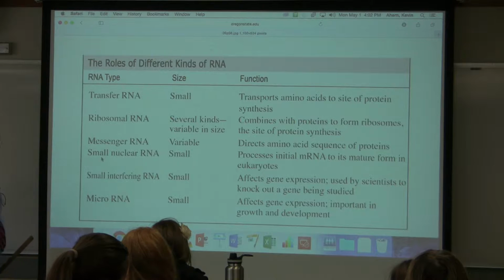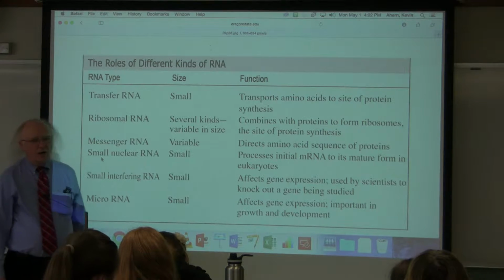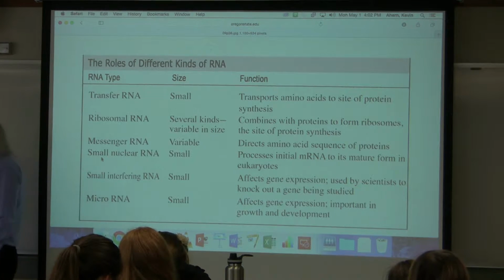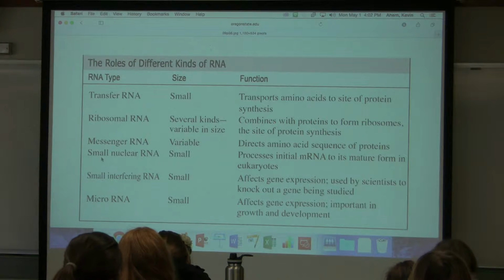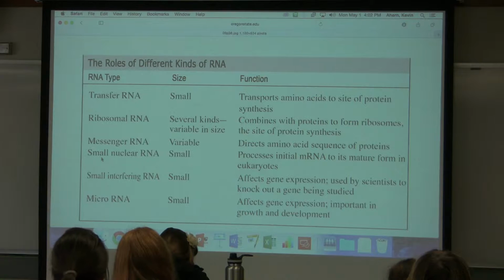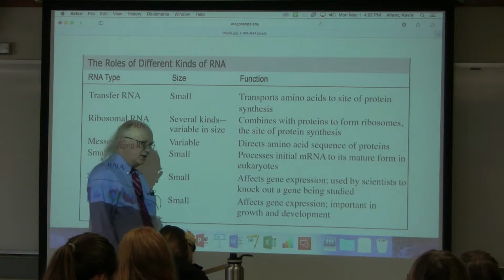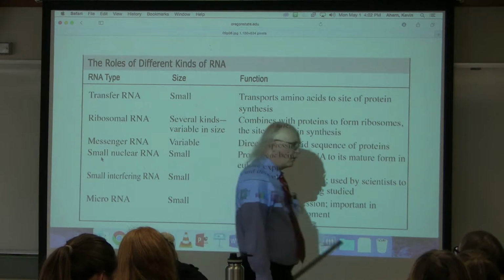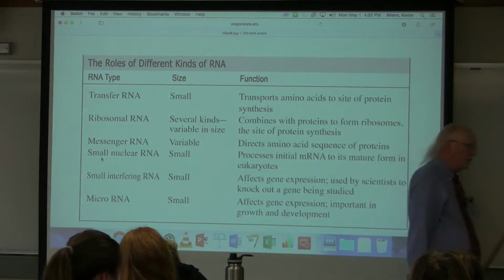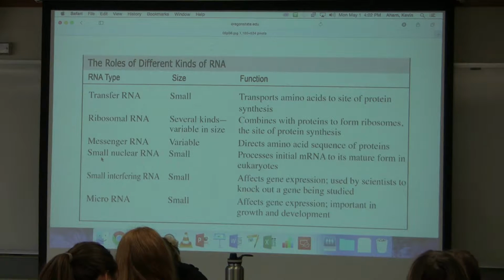So the messenger RNA is a copy in ribo form of a portion of one of the strands of DNA. And the portion corresponds to what we call a gene. So a gene is a segment of DNA that codes for protein, and the messenger RNA carries the code of that segment to the ribosome for the purpose of translation.